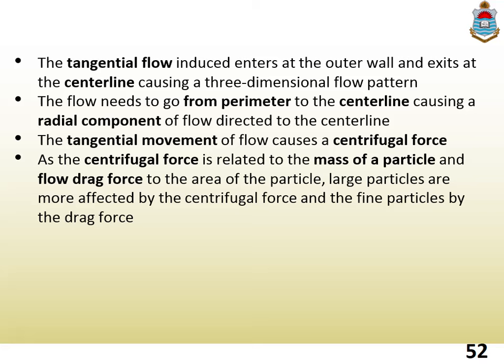So the centrifugal force is related to the mass of the particle, and flow drag force is related to the area of the particle. So therefore the large particles which have more mass will be thrown out towards the perimeter by the centrifugal force, and fine particles will be dragged in by the drag force.